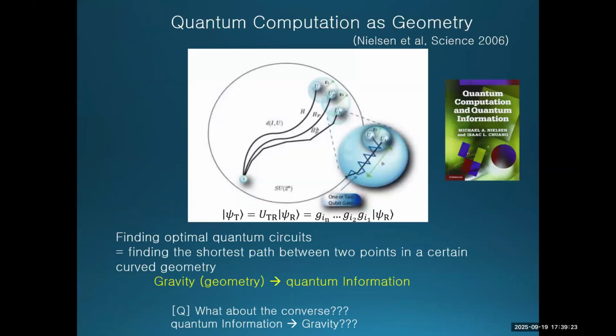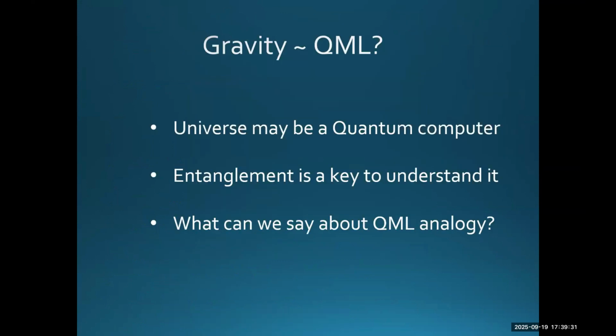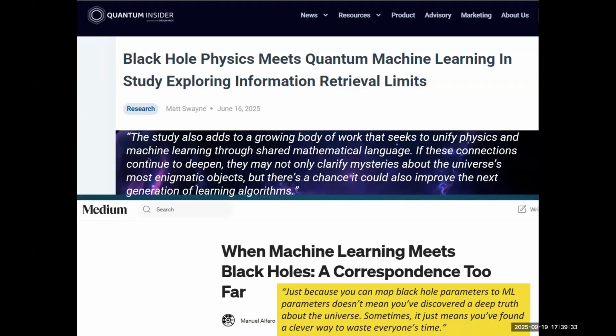Actually, there are many works relating quantum information to this. The previous two, where is the source? It is Quantum Insider, a quantum information journal.